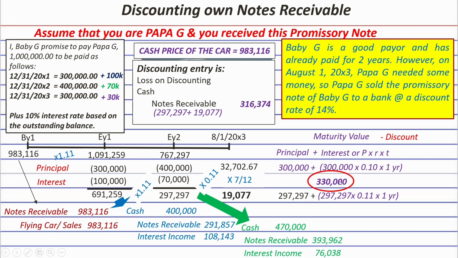Okay? Again, it's up to you because it depends on what is given in the illustrative problem or in the problem that you're going to solve in the future. Okay? So again, the maturity value is 330,000. So we need to compute for the discount already because we have the maturity value already.